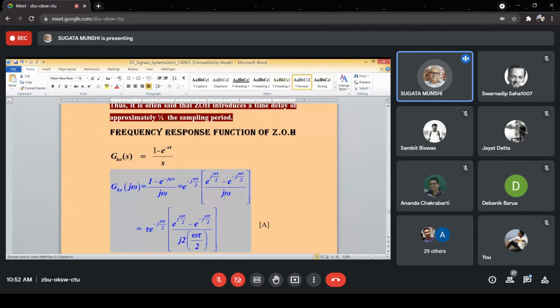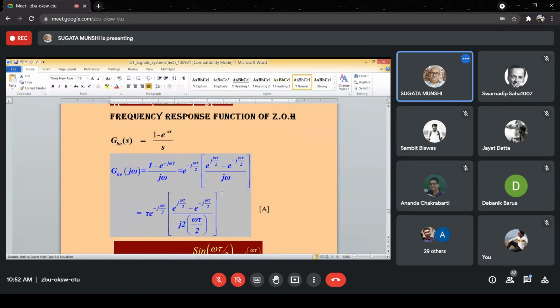In the denominator, you have j omega. The denominator is modified in this way. I have multiplied by 2 divided by 2, and I have brought in a tau term here. Therefore, I have to introduce another tau term so that the two taus cancel out.